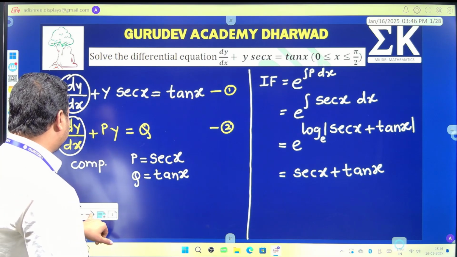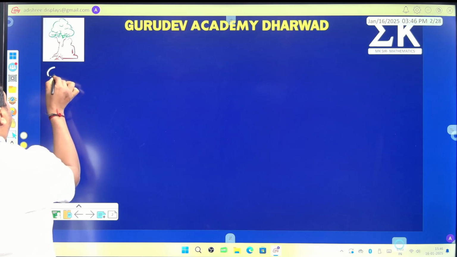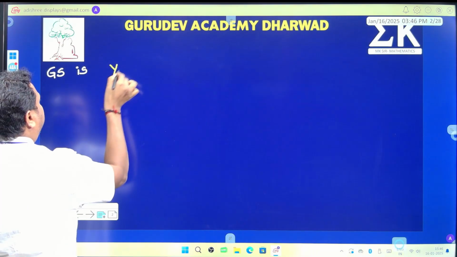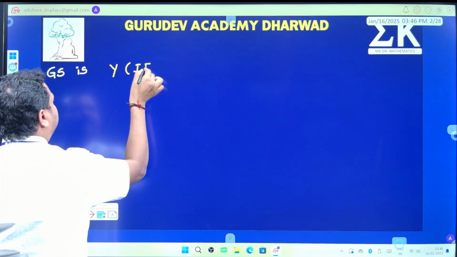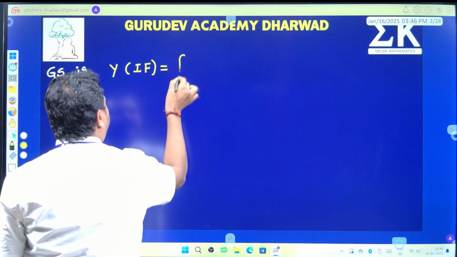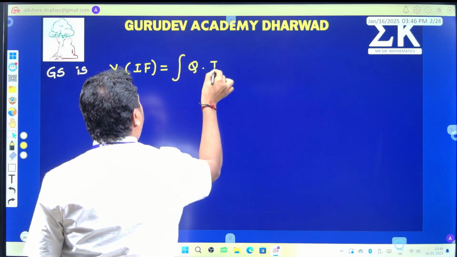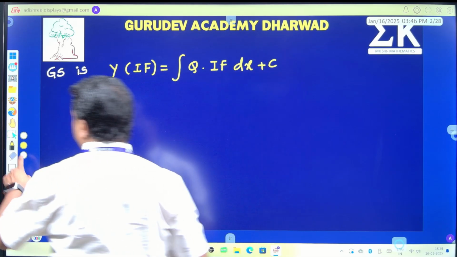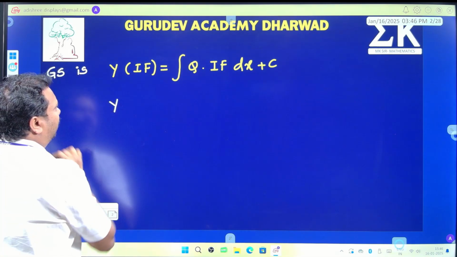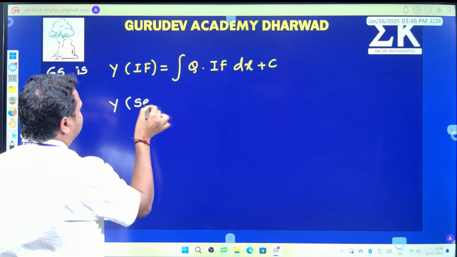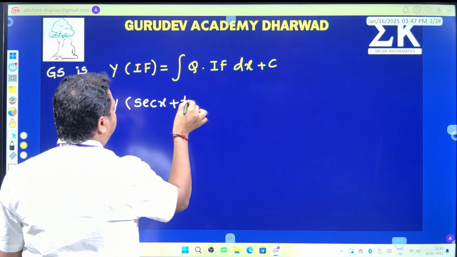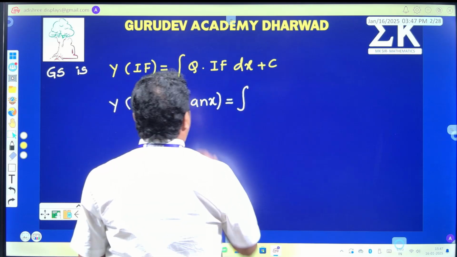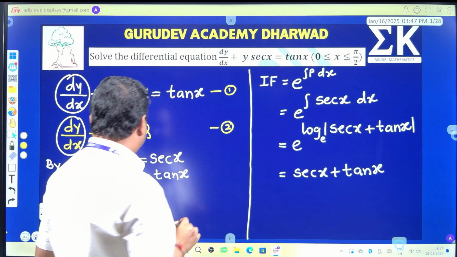Therefore, the general solution is, you know the general solution formula? Y into integral factor is equal to integration of Q into integral factor with respect to x plus c, isn't it? Therefore, y into integral factor, which we have calculated as secant x plus tan x, is equal to integration of Q into integral factor.